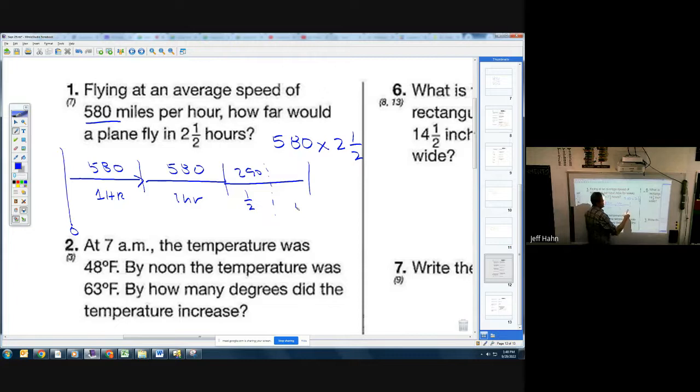We change 2.5 to an improper fraction, 5 over 2. And as we'll get to later on in life, ladies and gentlemen, to make this problem easier, you can reduce before you multiply, which means you put a 1 there, cut this in half, and whatever you multiply 290 by 5 will get you the answer.